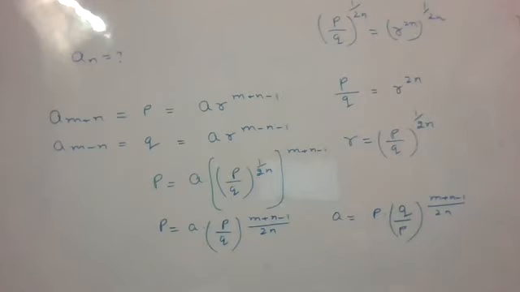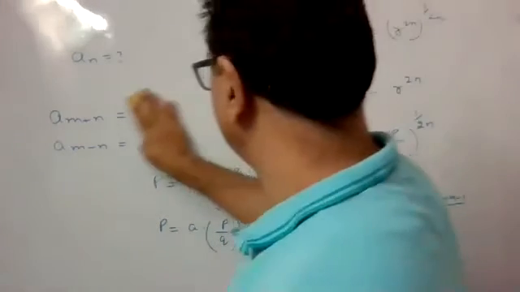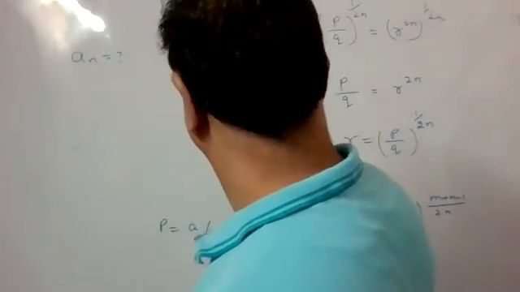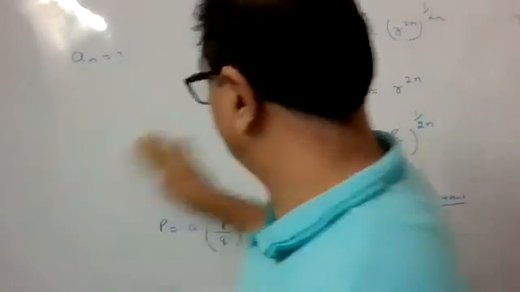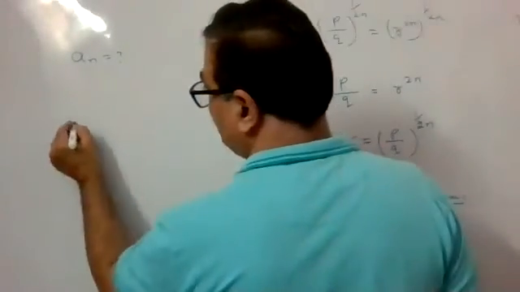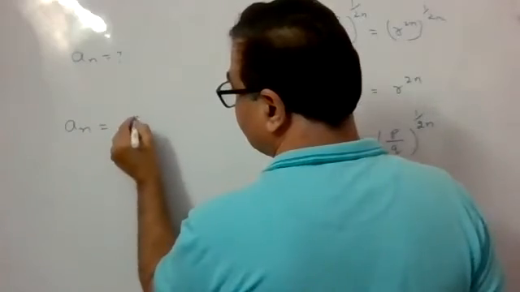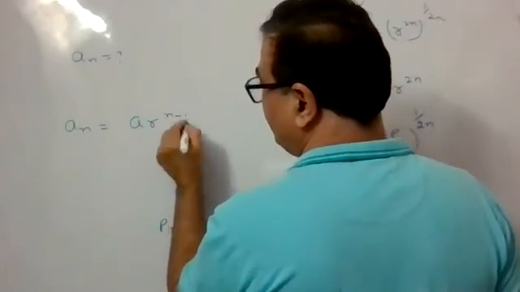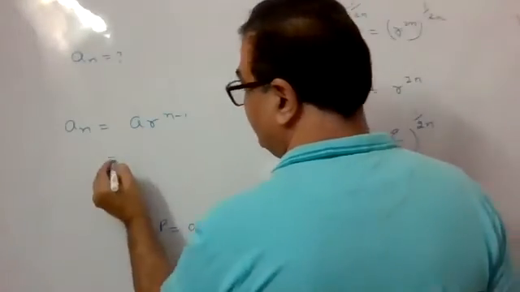And as you got A and R, we find out what is the nth term now. So when you want the nth term, the formula says A R power N minus 1. A will be what?